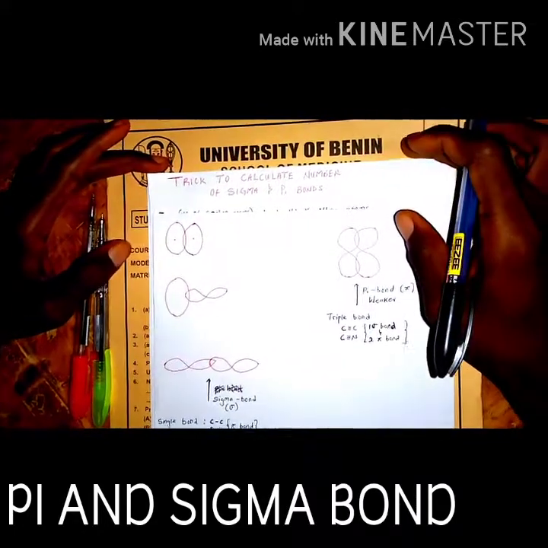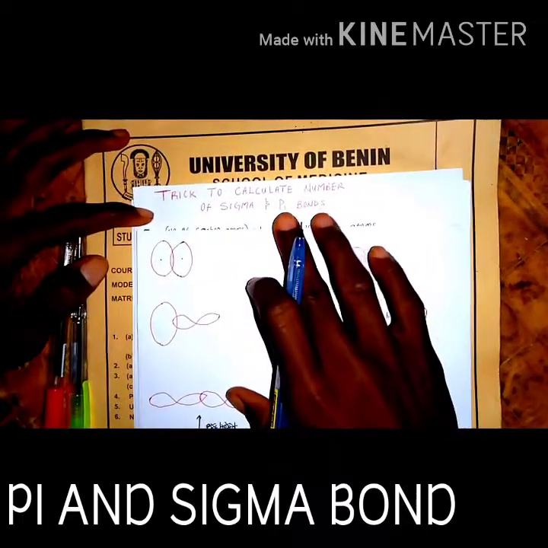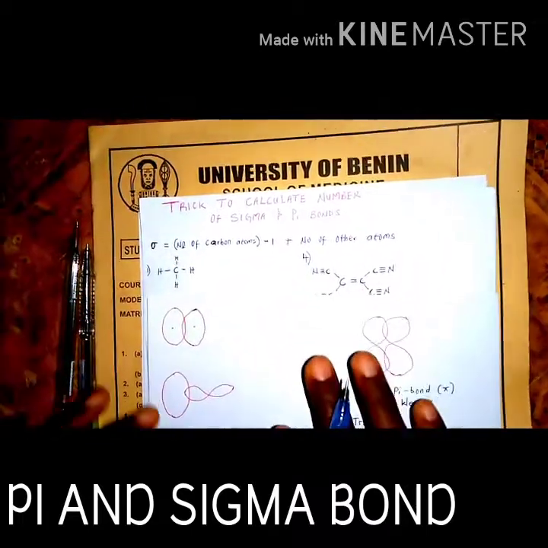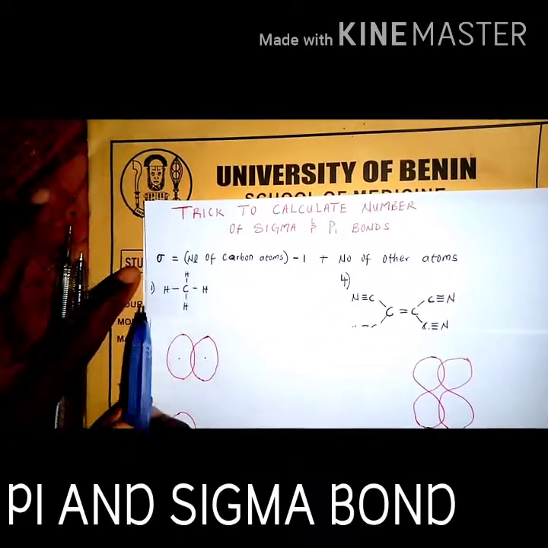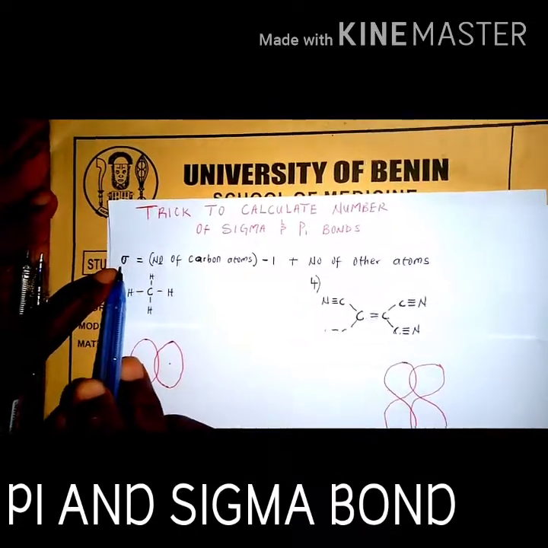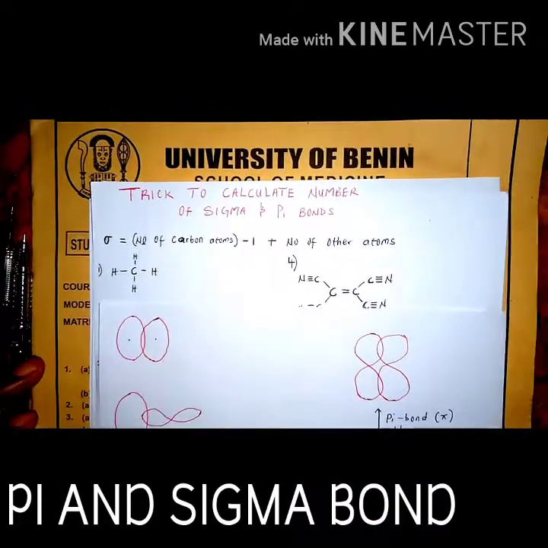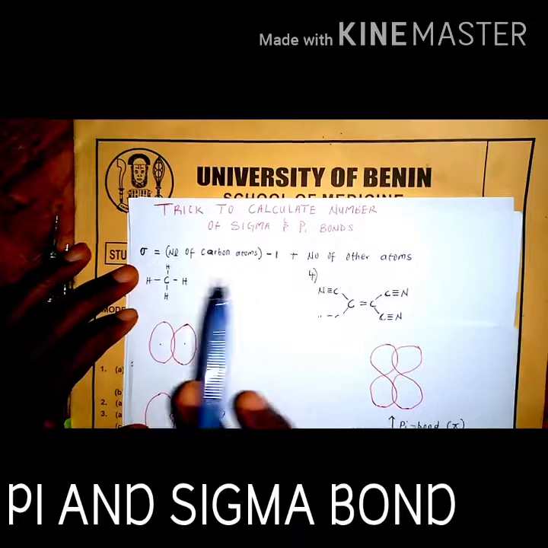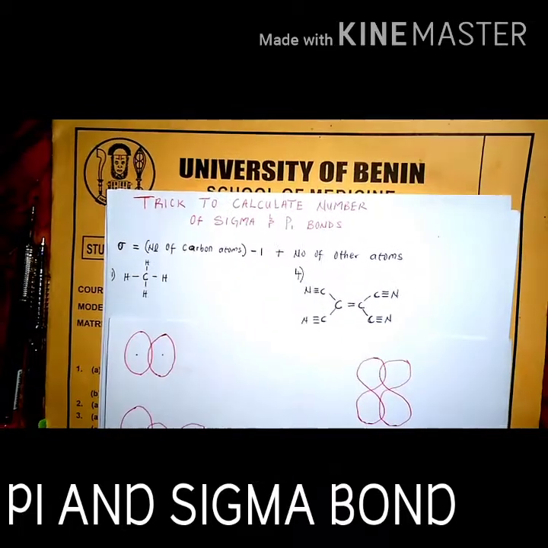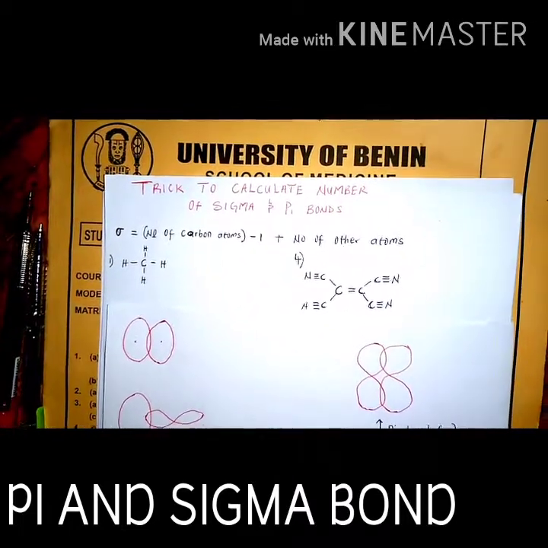Now we have tricks here to calculate the number of sigma bonds and pi bonds. To calculate the number of sigma bonds in an organic compound, this is a very short and straightforward formula.